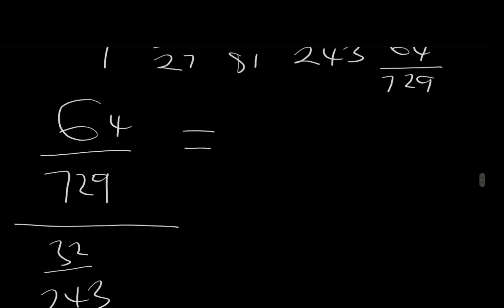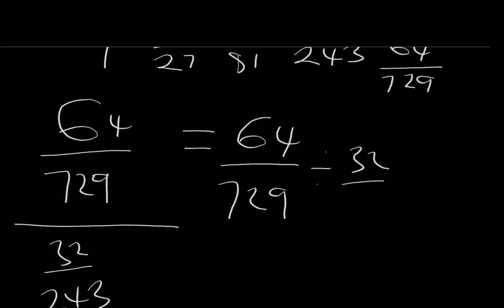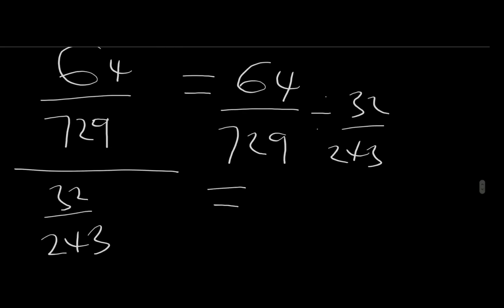This is equal to 64 divided by 729 divided by 32 divided by 243. And when you do that, you are going to get 2/3.